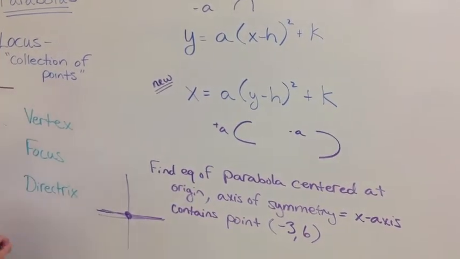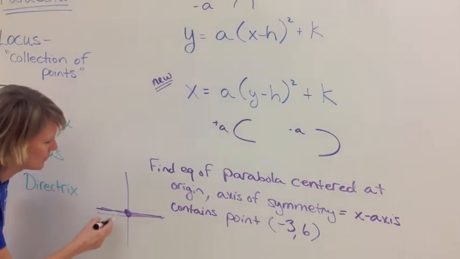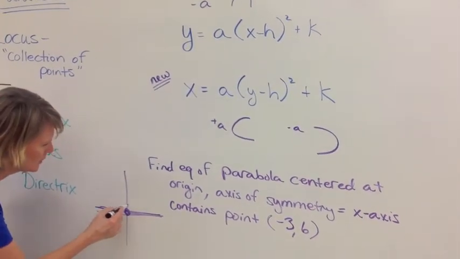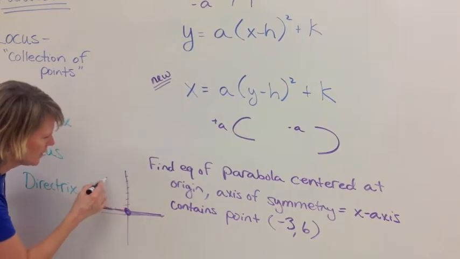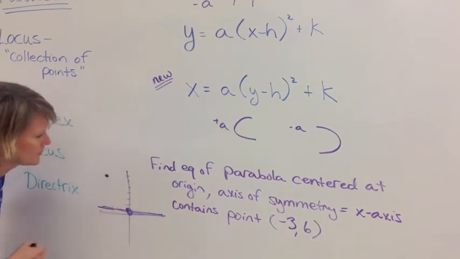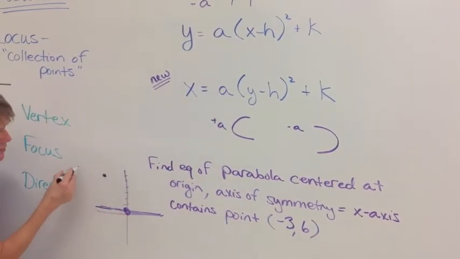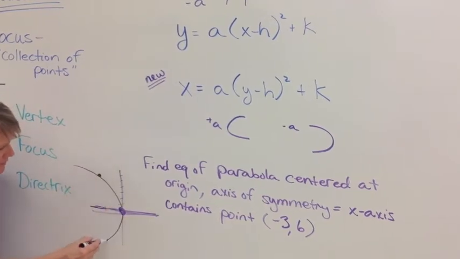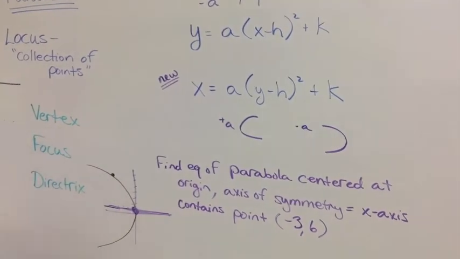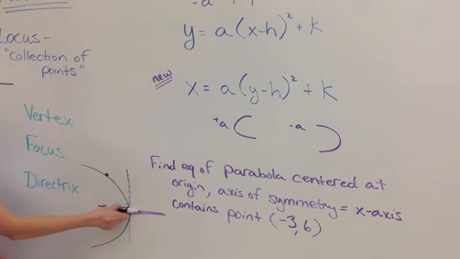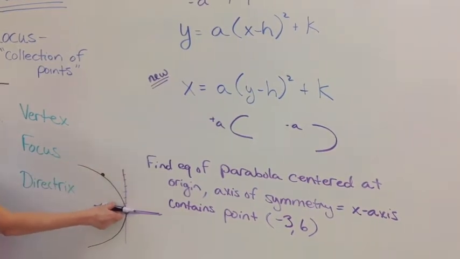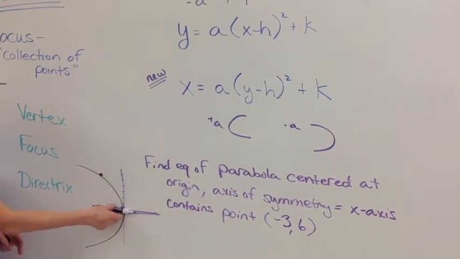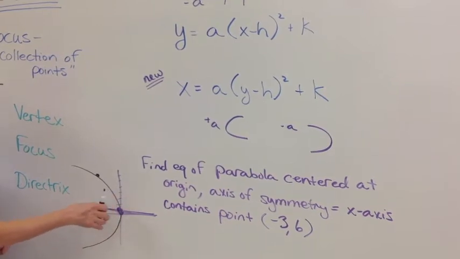It contains the point negative 3, 6, so 1, 2, 3, then 2, 3, 4, 5, 6. It contains this point up here. If the vertex is the origin, I'm going to have to draw my parabola something like this, because my axis of symmetry is now my x-axis. Be aware that sometimes your axis of symmetry goes left and right, and sometimes it goes up and down.